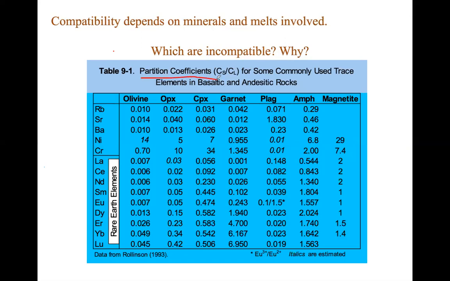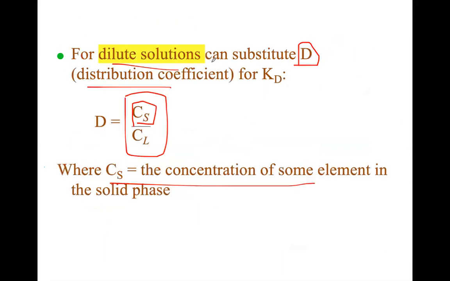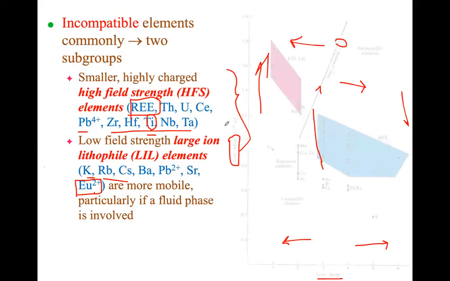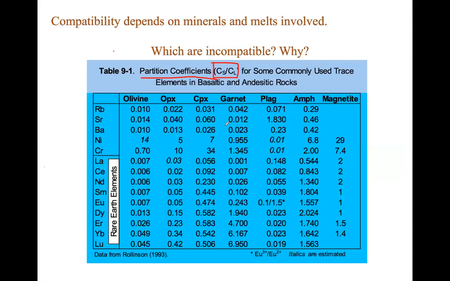Remember, partition coefficients are defined as concentration in the solid divided by concentration in the liquid. So it's the same as the distribution coefficient here. You can take both together, as long as we take dilute solutions.